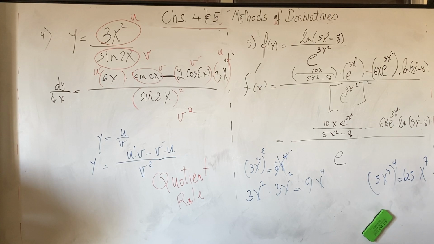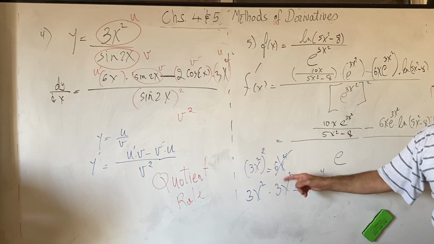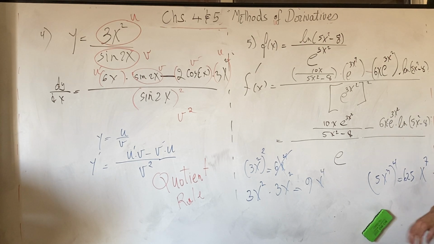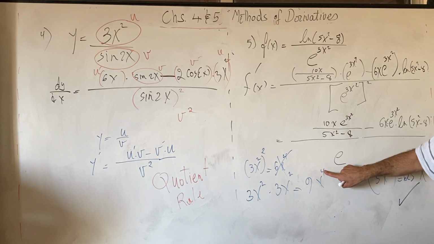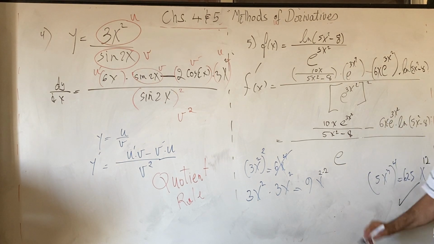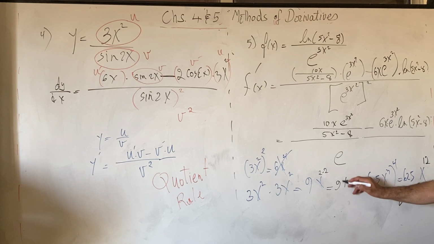So remember, here is tricky. Whether you add them up or you multiply them. So, to make it simple, my advice to you, when it's to the power 4, you just do 3 times 4, which is 12. Remember this one. Here, where did the 4 come from? 2 times 2. You don't add. So your answer is supposed to be 9x to the power 4.